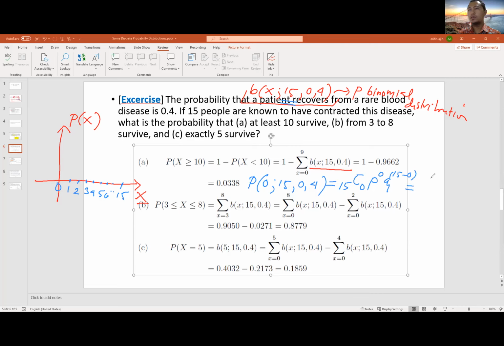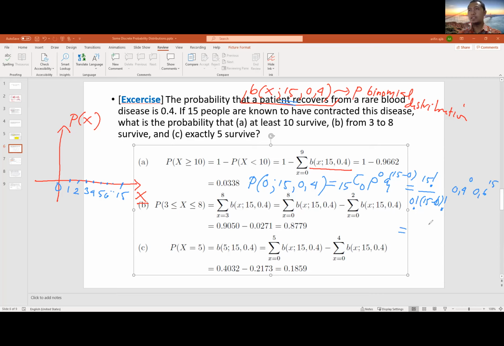It is a combination of 15 factorial over 0 factorial times 15 minus 0 factorial, multiplied by P, which is 0.4, powered by 0, and 0.6 powered by 15.